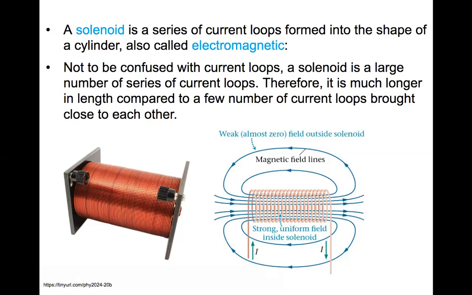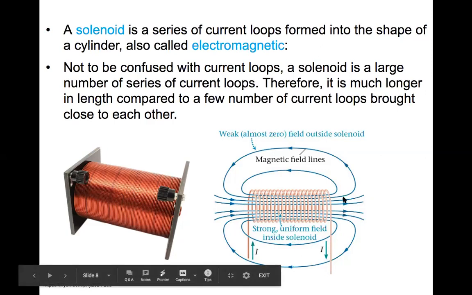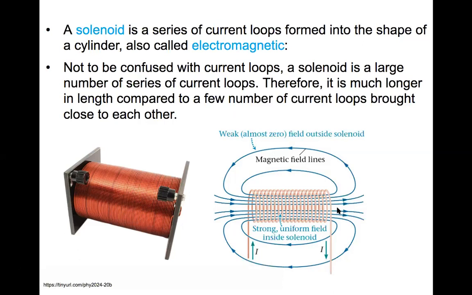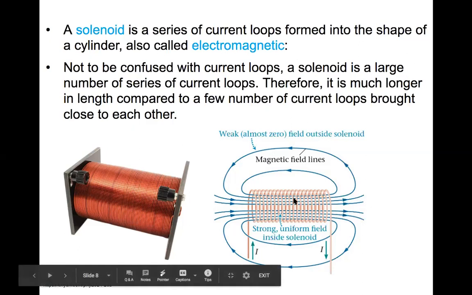Okay, so you can see the blue curves with arrows indicate the magnetic field. Inside the solenoid, you will have very dense magnetic field lines. That means inside the solenoid, the magnetic field is very strong.